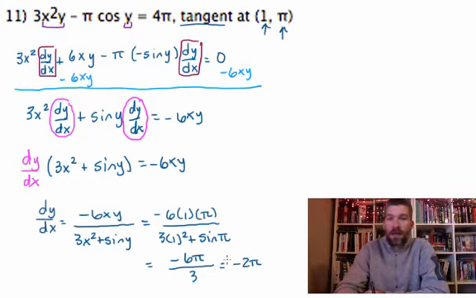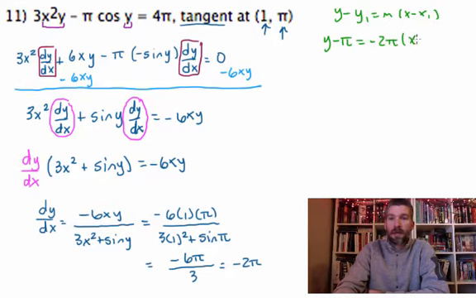And if I need to find the equation of the tangent line, I've got x and y, and now I have slope. So using my point slope form of an equation, y minus y1 equals m times x minus x1, I've got all those now. So y minus the y coordinate equals the slope times x minus the x coordinate.